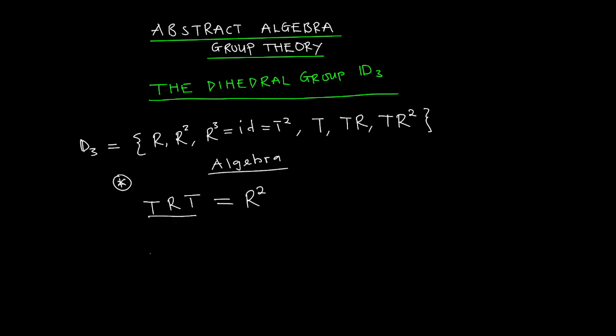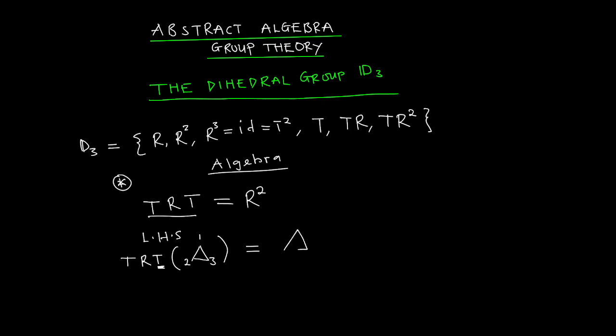We'll start with the left-hand side. So we'll do T composed with R composed with T acting on some triangle. Let me say 1, 2, and 3. This is the triangle that we're starting with. So that will be equal to, first, we will do T. Remember, what is T?